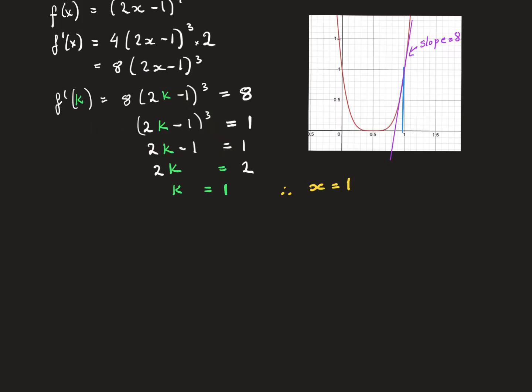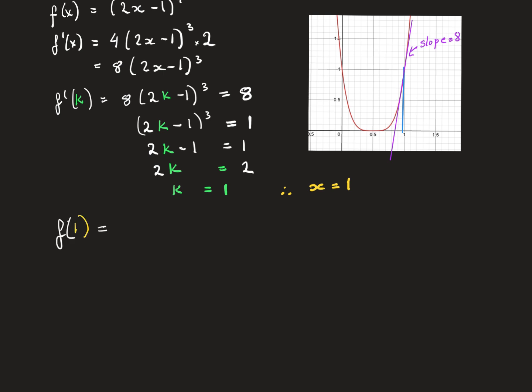Now, to find the equation of the tangent, I do need that slope, which I already have, but I also need the coordinates at the point x equal to 1, which means I need the y component of that coordinate. To do that, I will go back to my original function and insert 1 into it.